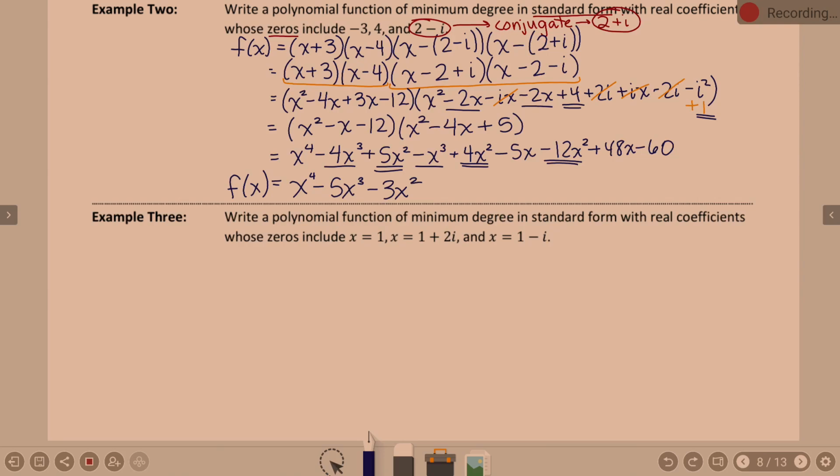There's 2 x terms: minus 5x plus 48x, so plus 43x, minus 60. If you ventured your multiplication on your own, did your end meet my end? Does mine match my answer key? It does.